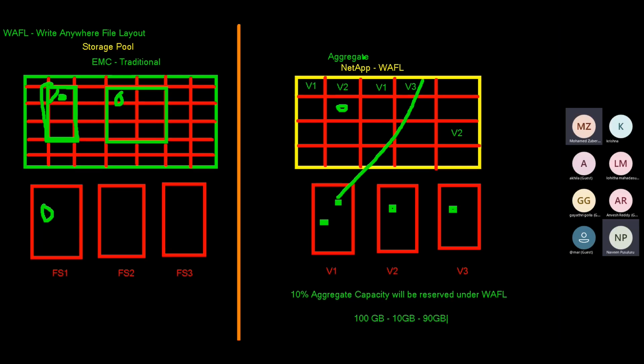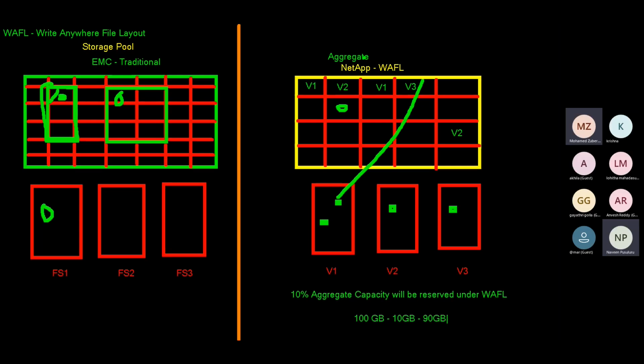For example, if I create an aggregate with 400 GB, out of that 10%, 40 GB will be reserved under WAFL. The remaining 360 GB will be your aggregate size. Automatically 10%, whatever your aggregate size, it doesn't matter, will be reserved under WAFL. So what will WAFL do?